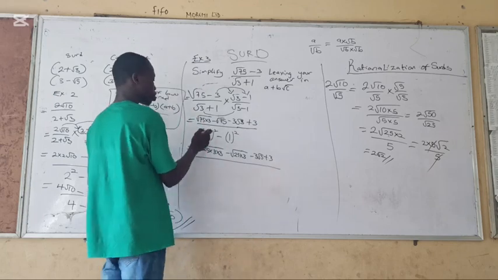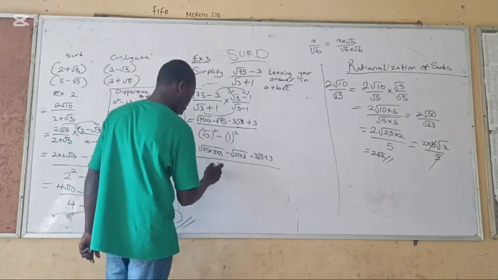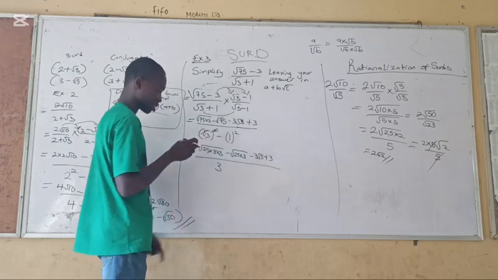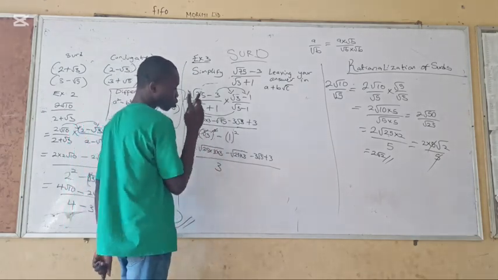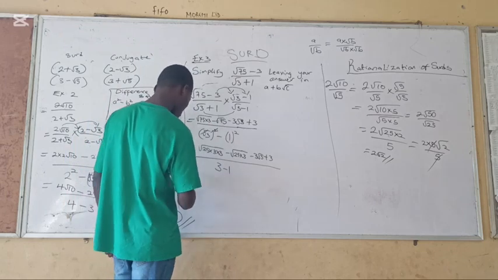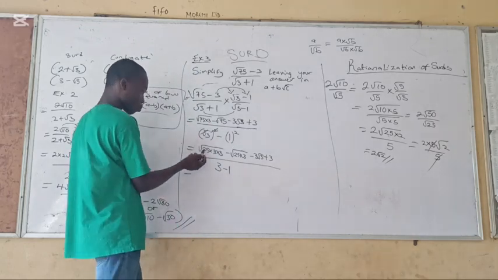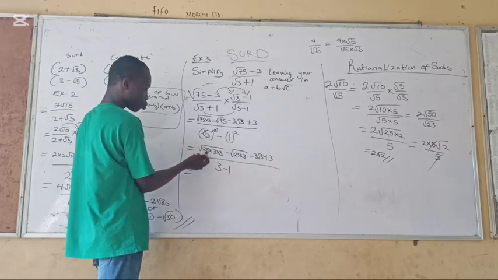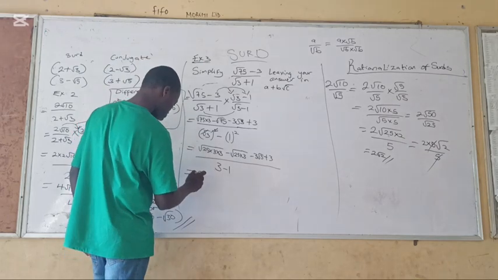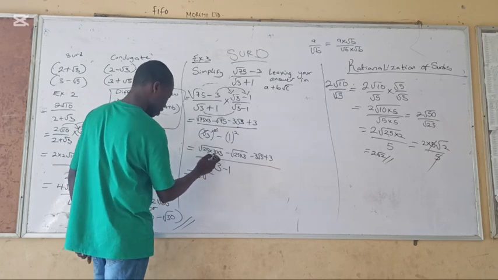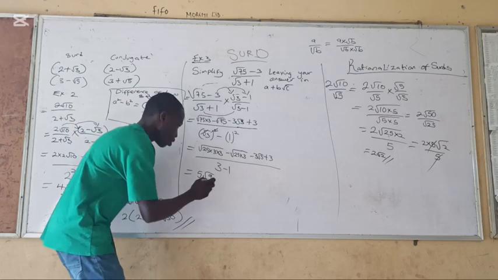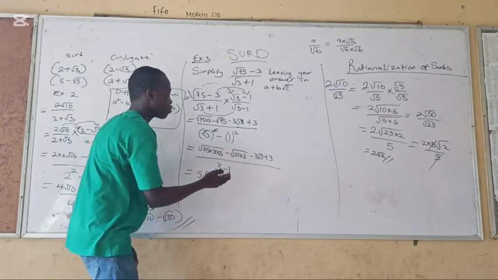All divided by, root cancels out the power, we are going to have 3, then minus 1 squared is 1, so minus 1. So here we have the root of 25 to be 5, right? Divided by root of 3 multiplied by 3 is 9, right? Minus the root of 25 is going to give us 5.